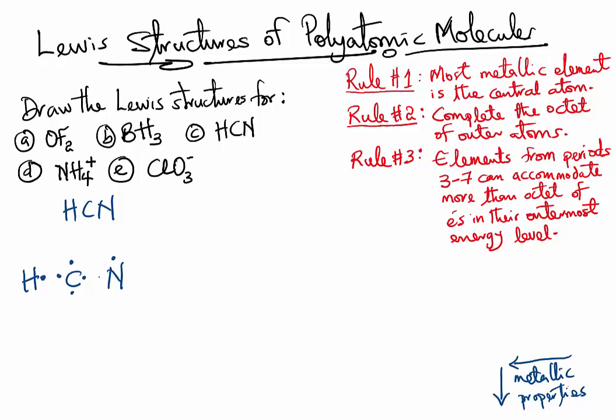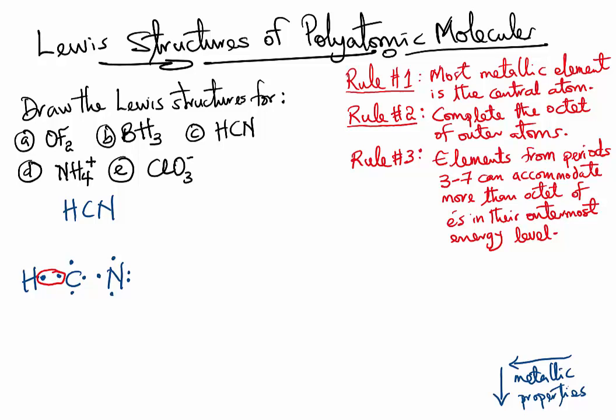It will have 5 valence electrons. And then we need to complete the octets of the outer atoms based on rule number 2. For hydrogen, we only need to complete the duet structure. So hydrogen shares 2 electrons with carbon. Hydrogen becomes stable.